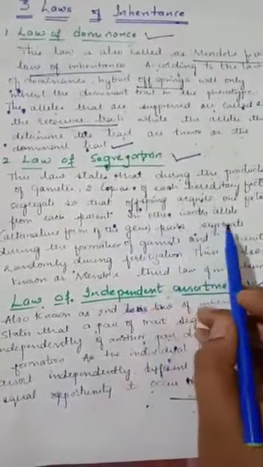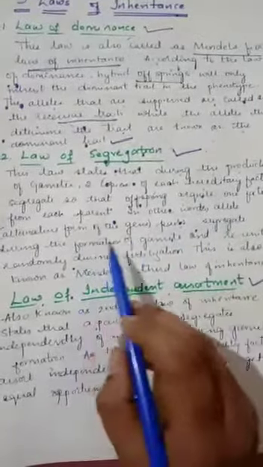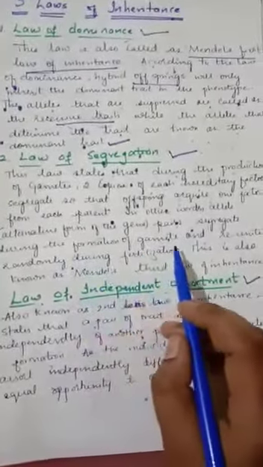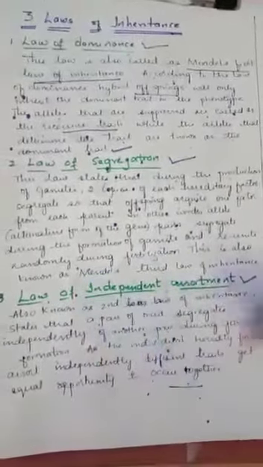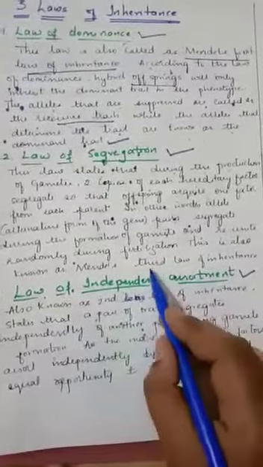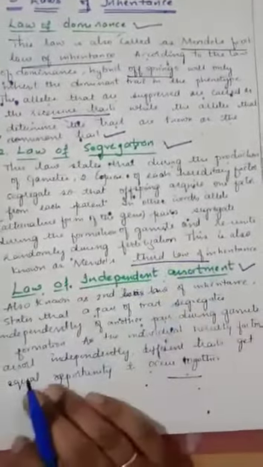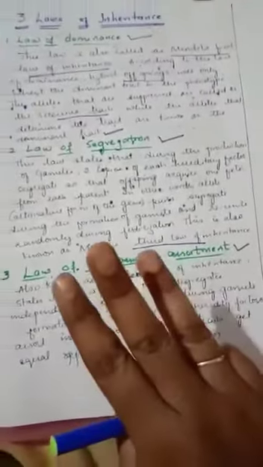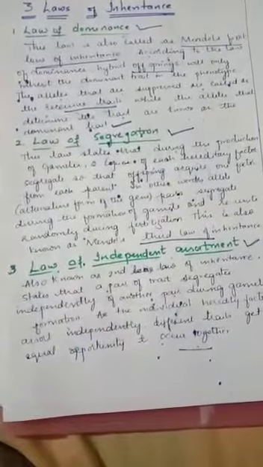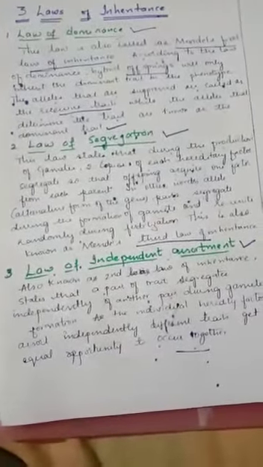In other words, alleles, that is alternative forms of a gene, segregate during the formation of gametes and will reunite randomly during fertilization. This is also known as Mendel's third law of inheritance. So totally three laws of inheritance: the law of dominance, the law of independent assortment, and the law of segregation.